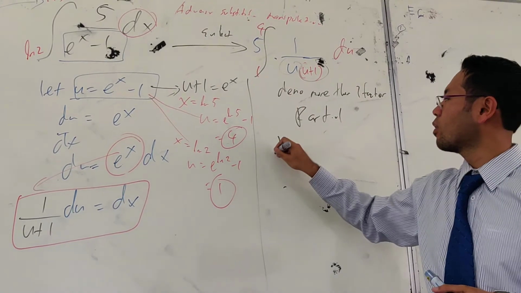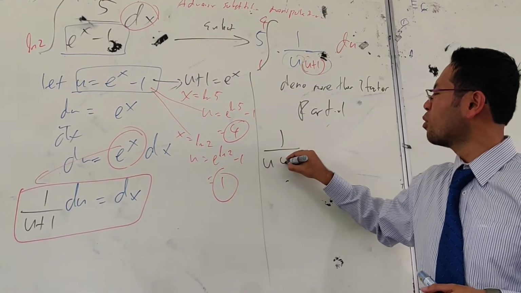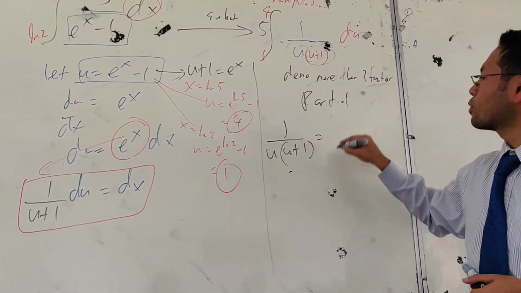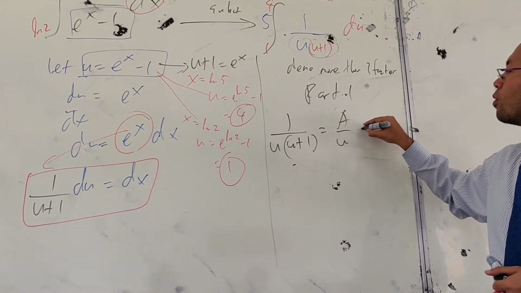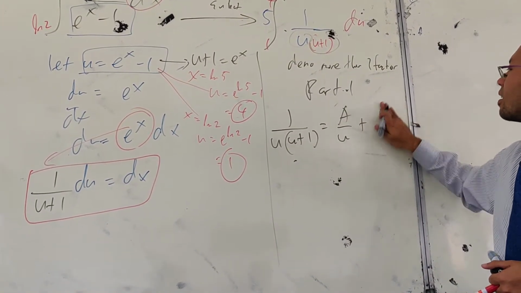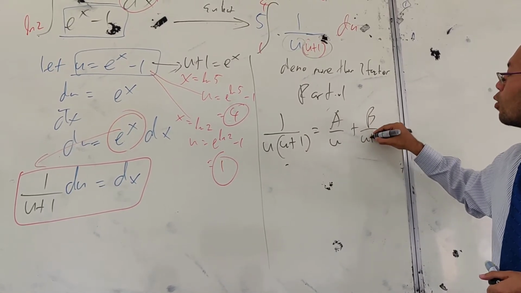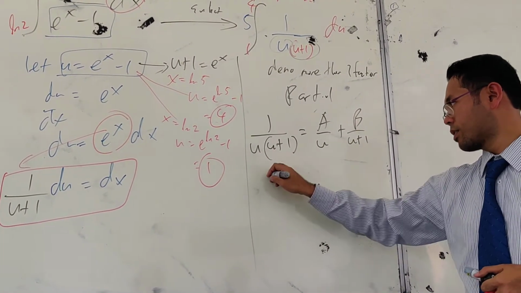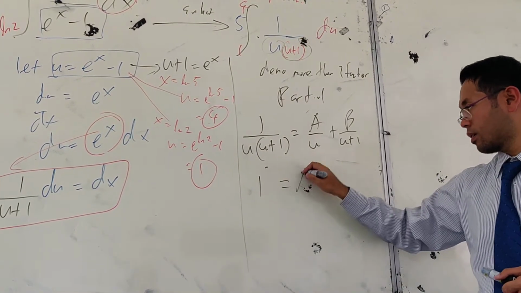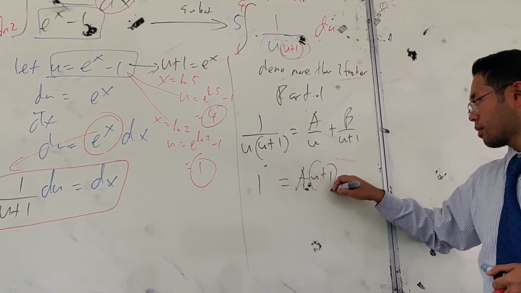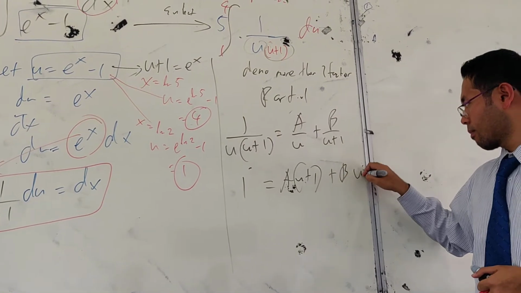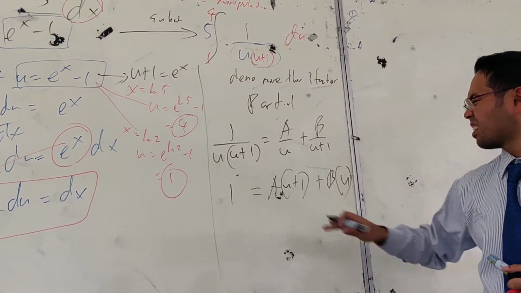So it's a partial fraction over here. Yes, you are right. 1 over u(u plus 1) equals A over u plus B over u plus 1, which gives me 1 equals A(u plus 1) plus Bu.